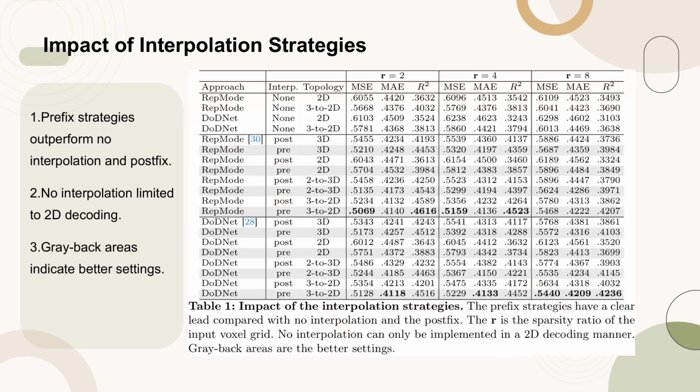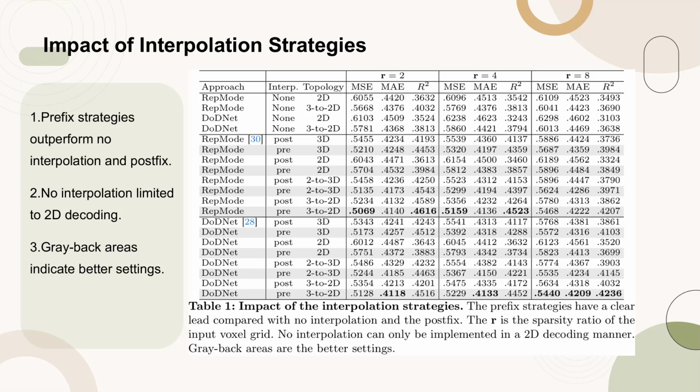Table 1 illustrates the impact of different interpolation strategies on subcellular structure prediction. The data shows that prefix strategies significantly outperform both no interpolation and postfix strategies. Notably, no interpolation is constrained to 2D decoding methods.